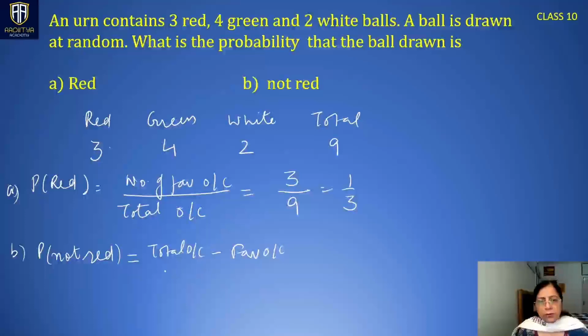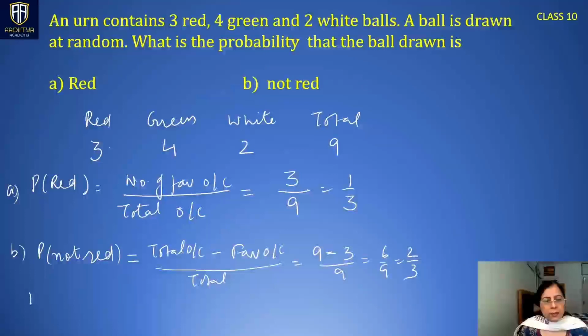Favorable here means to get red upon total. So the first thing is total outcomes here are 9. Favorable for getting red, because since we are considering red and not red, so red becomes favorable here and the not red means the complementary event. So the favorable outcomes here for red are 3 upon 9. So this is 6 by 9 or 2 by 3.